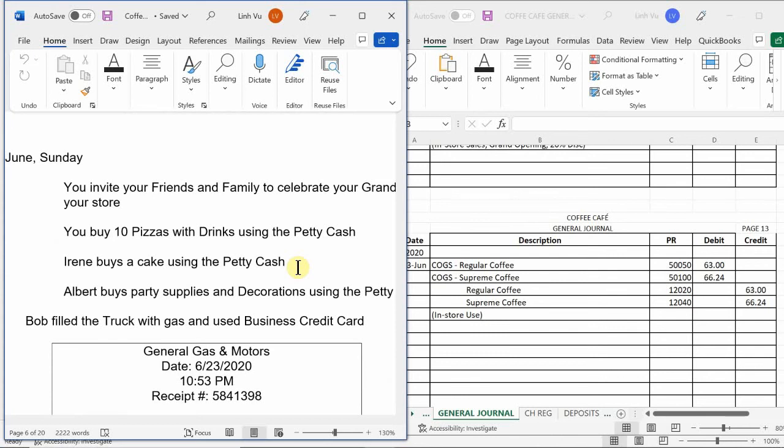And then, of course, you had Albert to buy party supplies and decorations using the money in the petty cash drawer. And then Mr. Tim set up the store, right? Right. So in this case, we have 3 transactions that use the petty cash drawer.